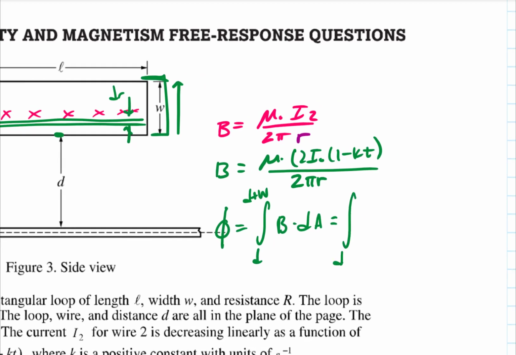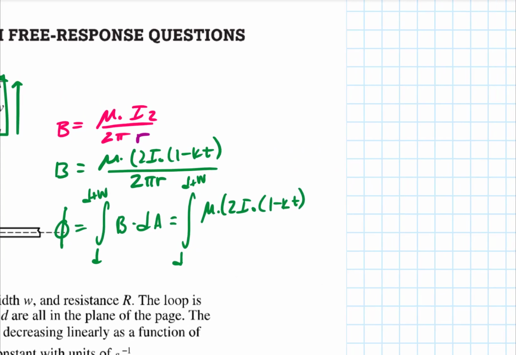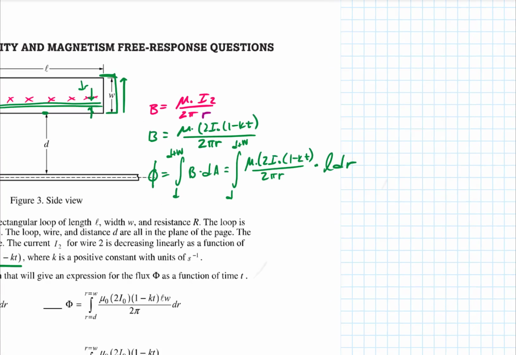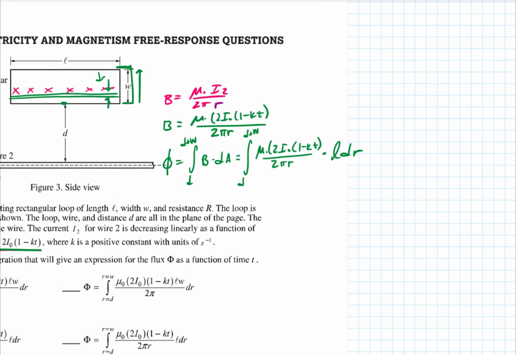So from d to d plus w of mu0 times 2I0 (1 minus kt) over 2 pi r times the differential piece of area, which is the length L that doesn't change, times dr. That's going to be the setup for what's going on right there.